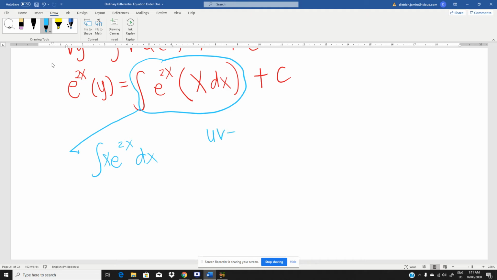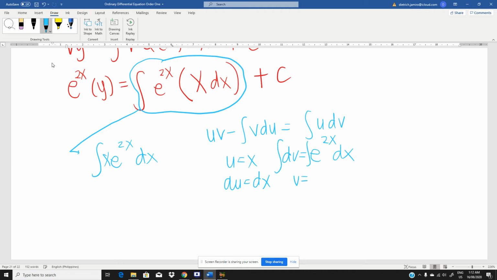Using integration by parts, which is u v minus the integral of v du, equal to the integral of u dv. I let u equal x, and taking the derivative, we will have du equal dx. Then taking dv as e raised to 2x dx, integrating, we will have v equal to 1 half e raised to 2x.